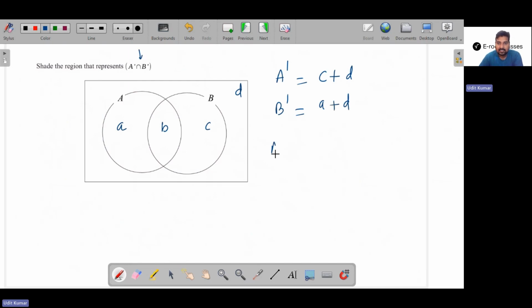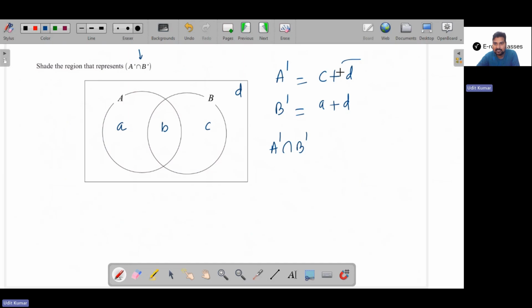Now look at the symbol. It says A complement intersection B complement. That means we have to look for a space which is common between not A and not B. So we have to look for the region which is common in A complement and B complement.